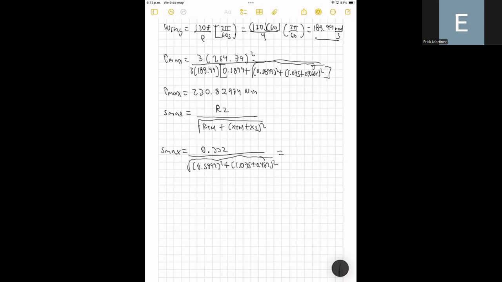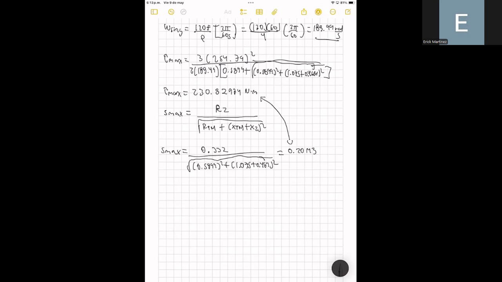So the slip is 0.20143. Okay, this is the maximum slip. Well, no, sorry. This is the slip at which the maximum torque occurs. Okay, so they are related with each other.